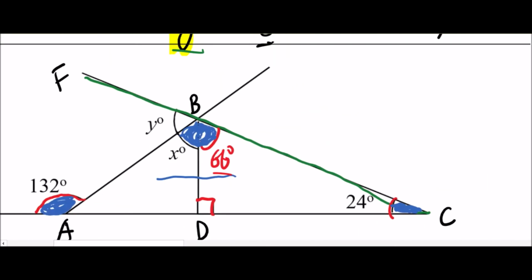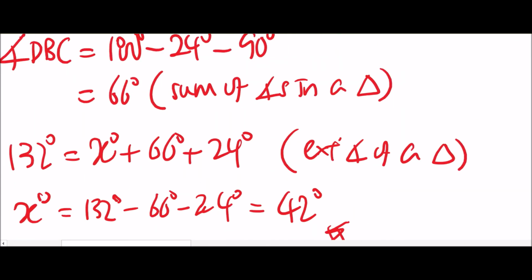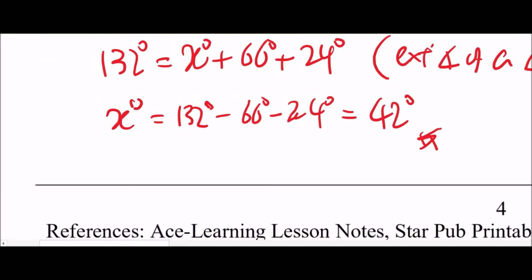And the strategy that we say we're going to use here is to use the green color straight line, the sum of angles on a straight line. So without further ado, let's get into it. Y degrees plus X degrees plus 66 degrees equals 180 degrees.